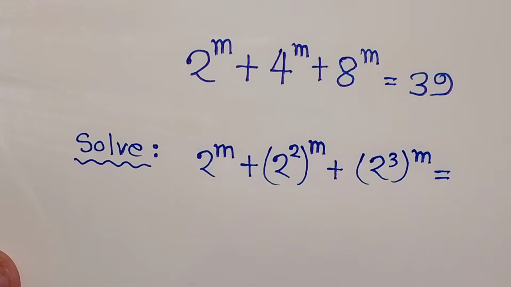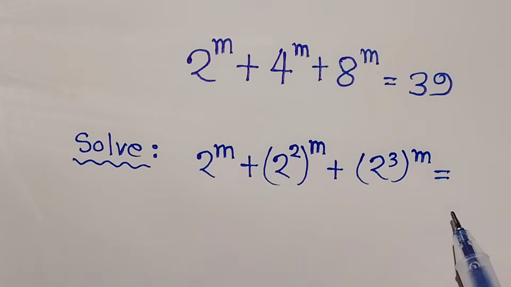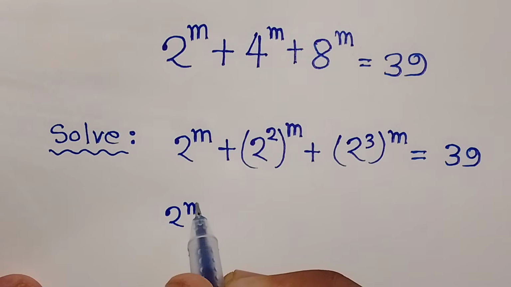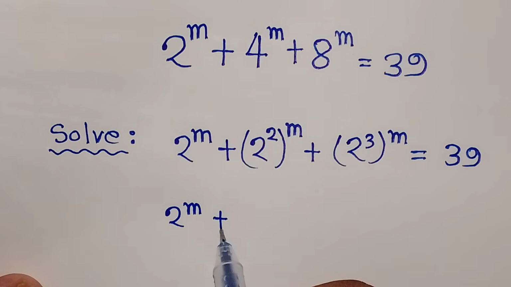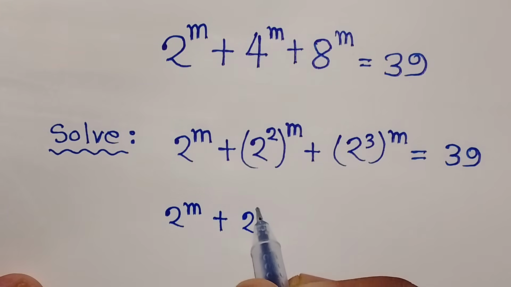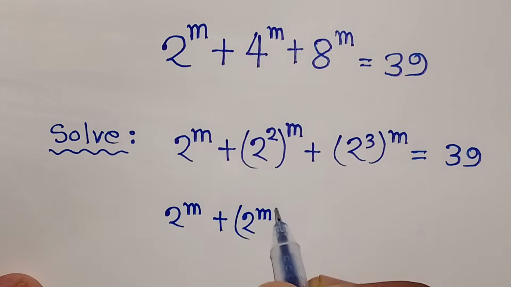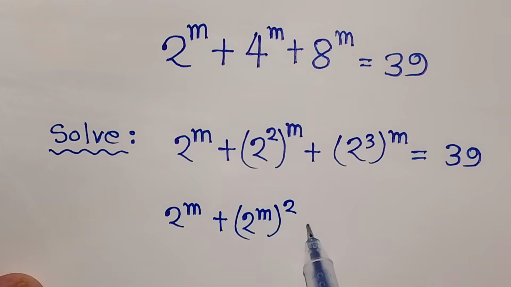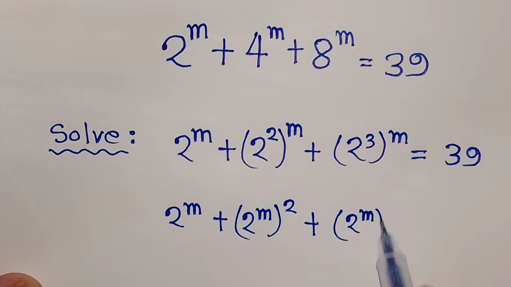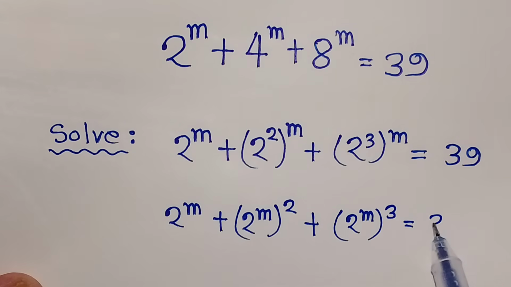Then the equation transforms in a simple way. So after that we can write 2 to the power m plus (2 to the power m) whole squared plus (2 to the power m) whole cubed is equal to 39.